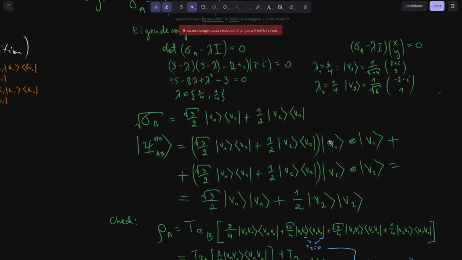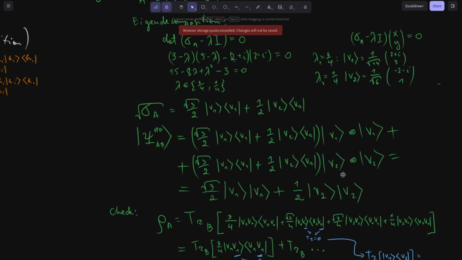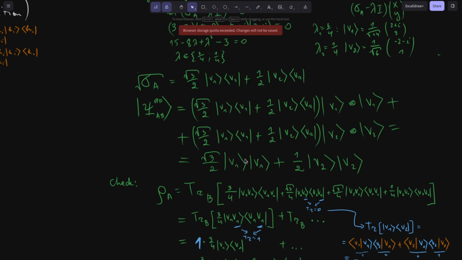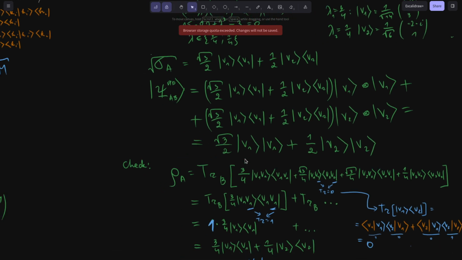So these are our basis vectors, v1 and v2. We expand with the sum and apply the square root of our state to the first vector here. We calculate it and we get this state. So this is our standard purification. It's a pure state, right? This is a vector, so we can just do the outer product with itself if we want the matrix form. And that's our pure state.